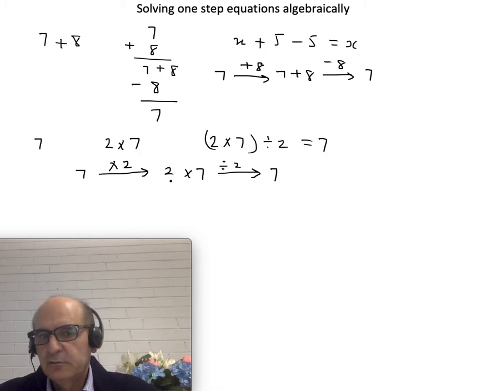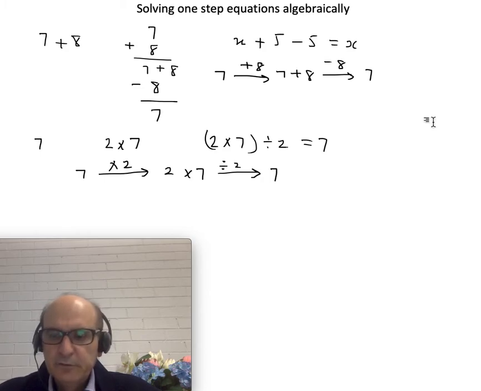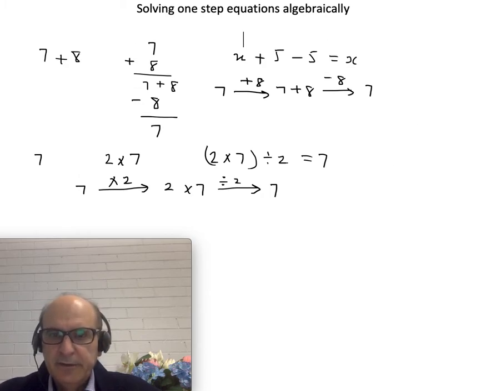So 7 times 2, or 2 times 7, gives me 14, and if divided by 2, I go back to 7. So what I'm trying to say is, if you do an operation on a number like 7, and then you undo it, you end up with your original number. Similarly, if you divide and then you times to undo it, you will end up with your original number.